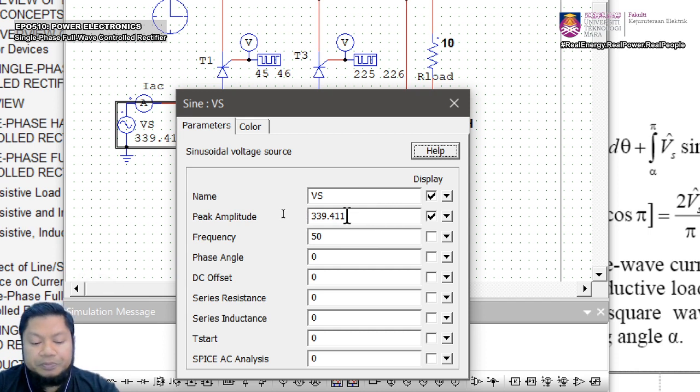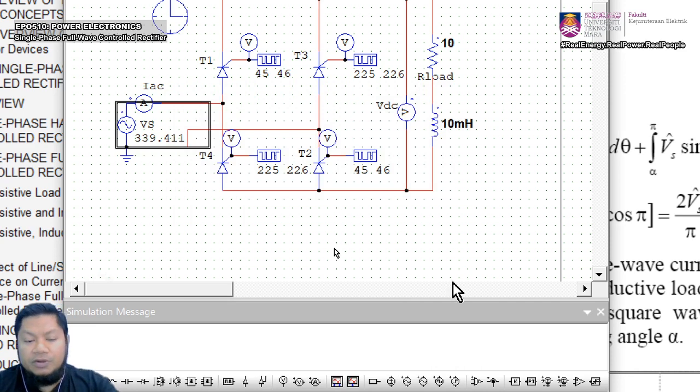You can also write it as 240 multiplied by square root 2, you can try that. I can't remember whether you can do the multiplication, but yes, you can write 240 square root 2, or you can give a value of 339.41. No problems.